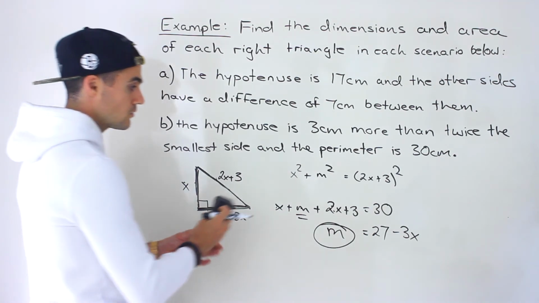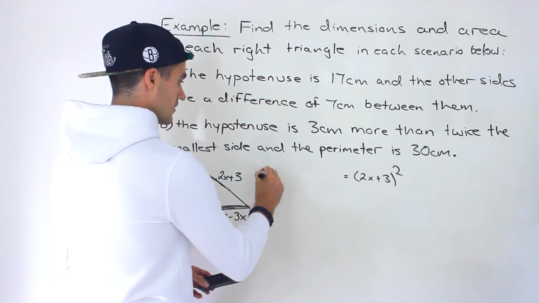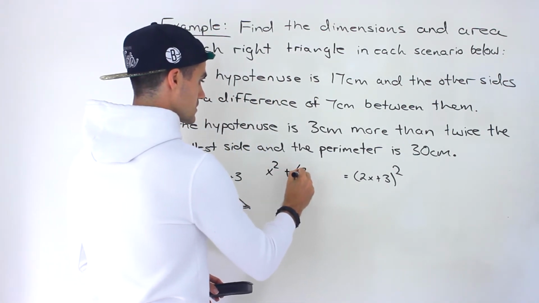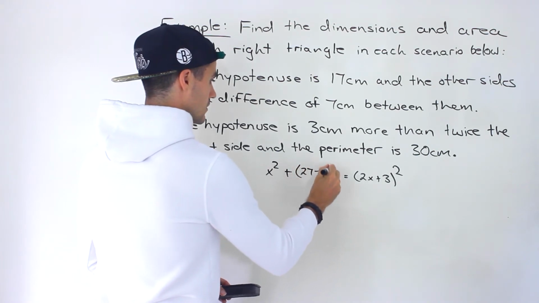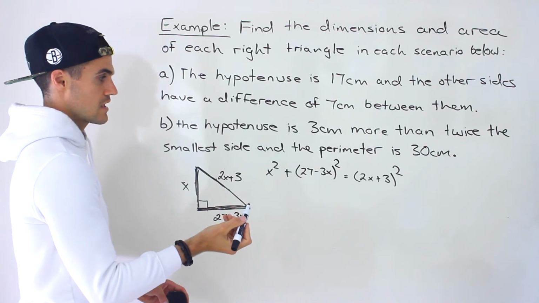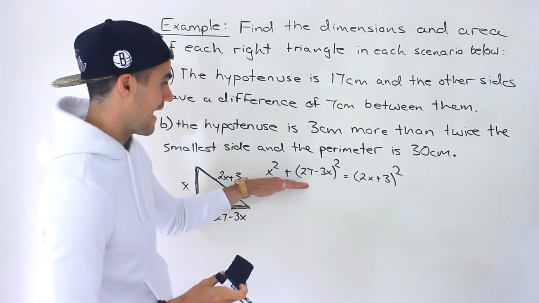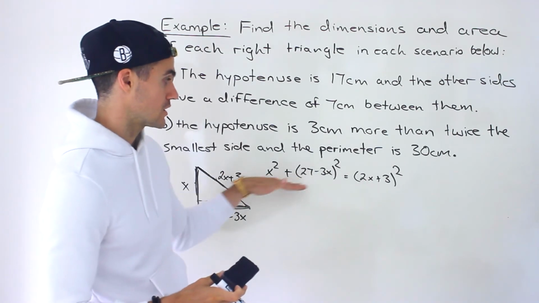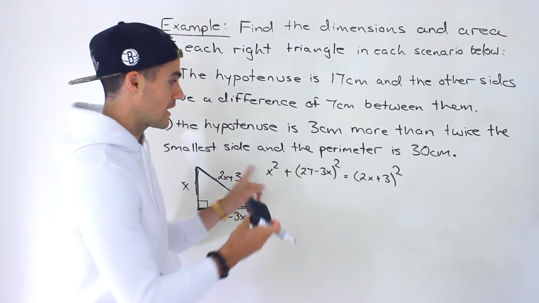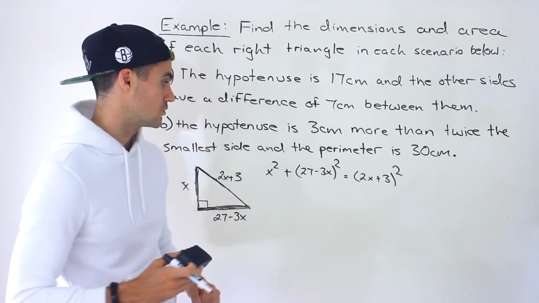And so now what we can do is put that right there instead of the m. And now notice we would end up having an equation only in terms of x. So now all we have to do is expand everything and bring it over to one side.